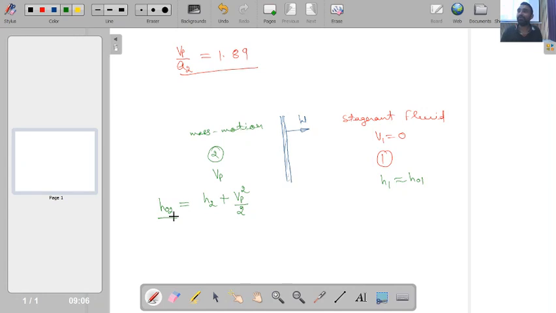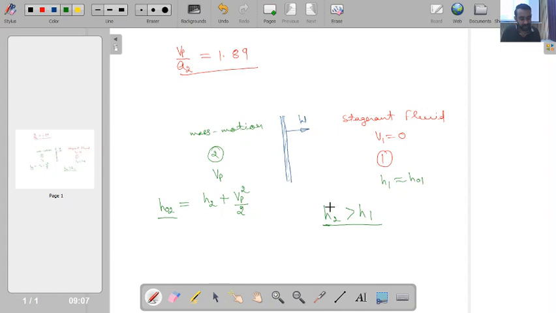Now one important point is that whenever a shock wave passes through a fluid medium, it increases its properties. Okay, so it means that H2 has to be greater than H1, because H1 was corresponding to the stagnant fluid medium. When the shock wave has passed through it, it has increased its pressure, temperature and all the static properties. So that's why we will have an increase in static enthalpy of the fluid medium also.